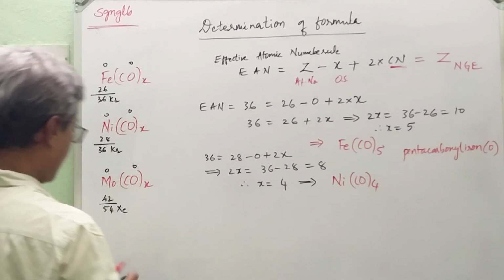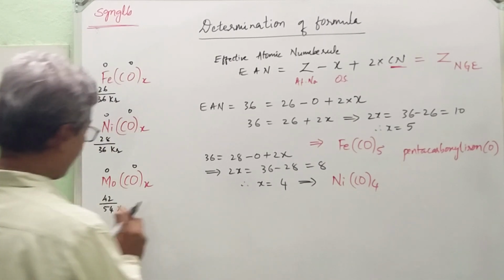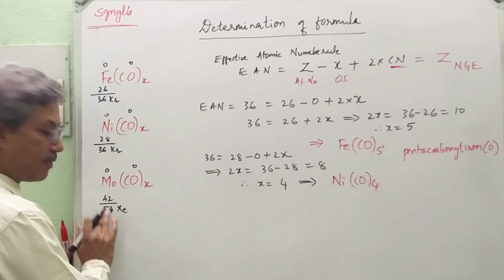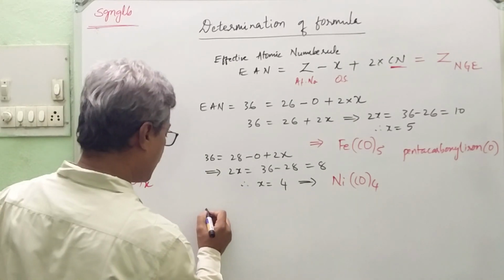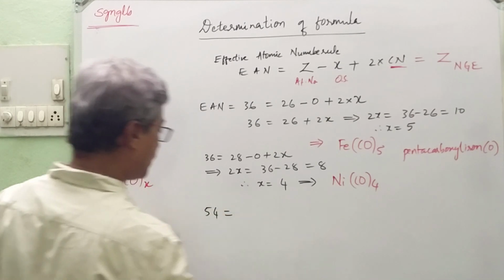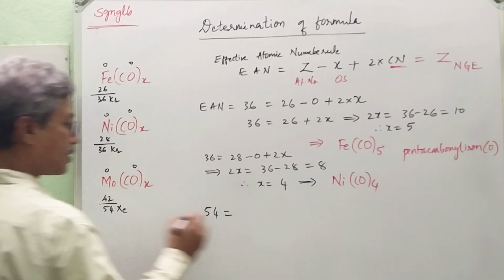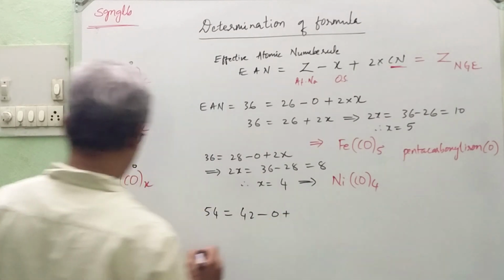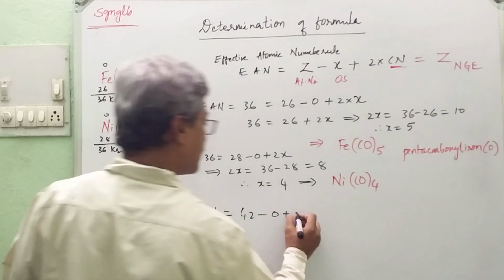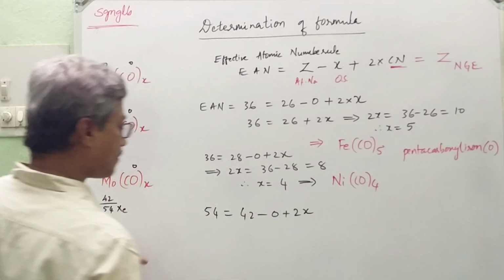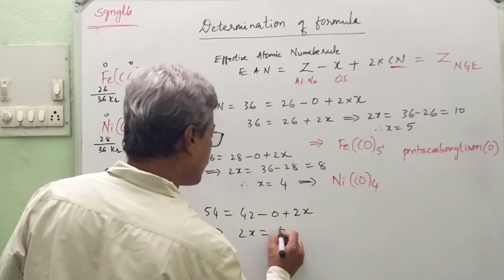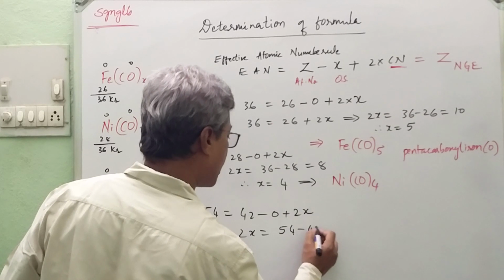Okay. For molybdenum, the atomic number of the nearest noble gas is its EAN value, which is 54. That means 54 must be equal to Z of Mo, which is 42, minus 0 plus how many? 2 times the x value. And this implies that 2x is equal to 54 minus 42.